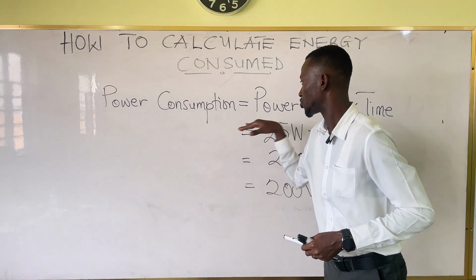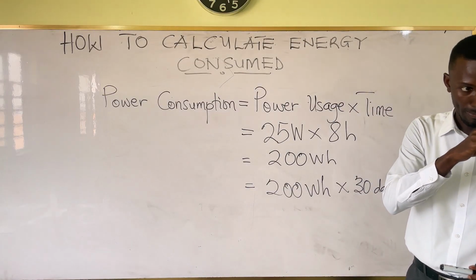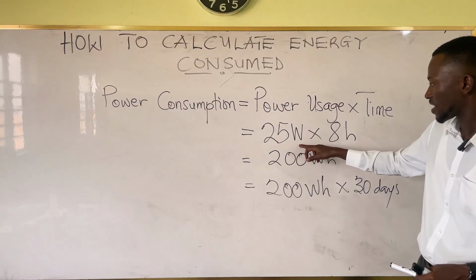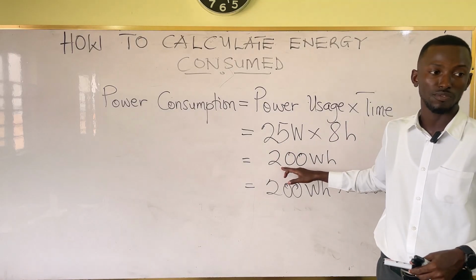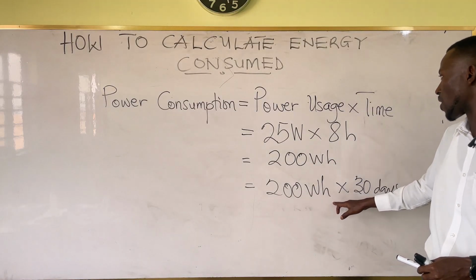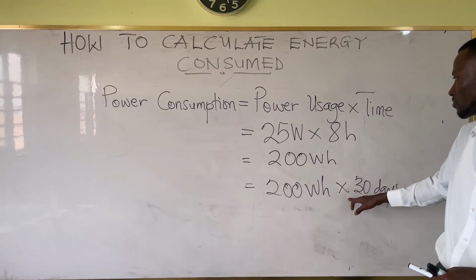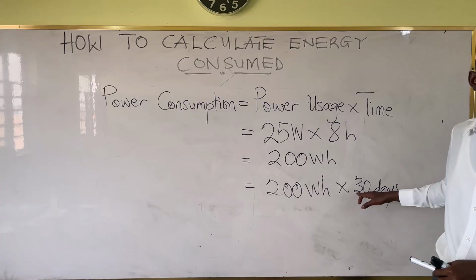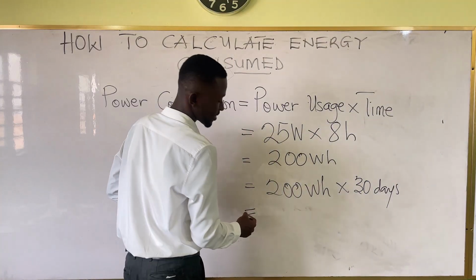Mind you, this power consumption is the power consumed 8 hours per day. So this is the number of watt for 8 hours. It gives us 200 watt hour. So for 1 month, it will be 200 watt hour times what? 30 days. So what does that give us? 200 times 30.